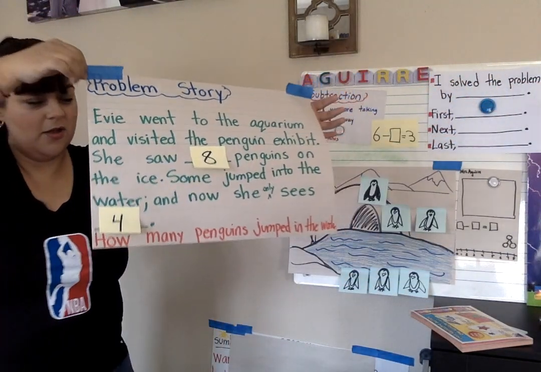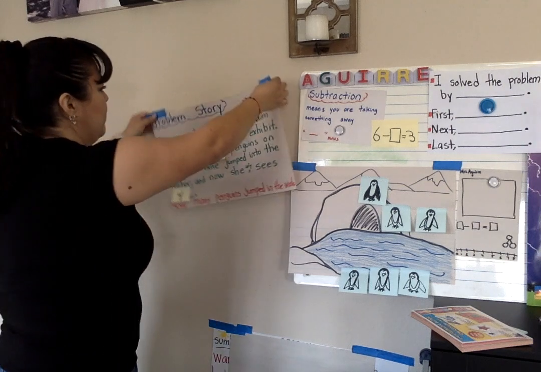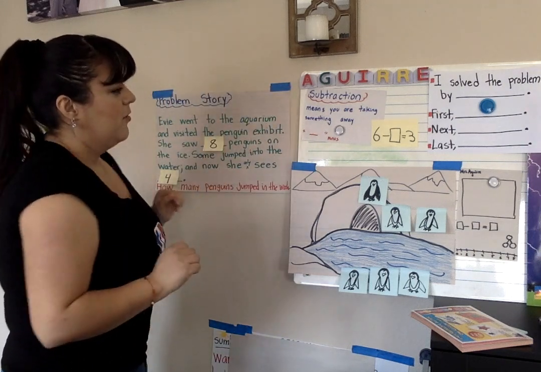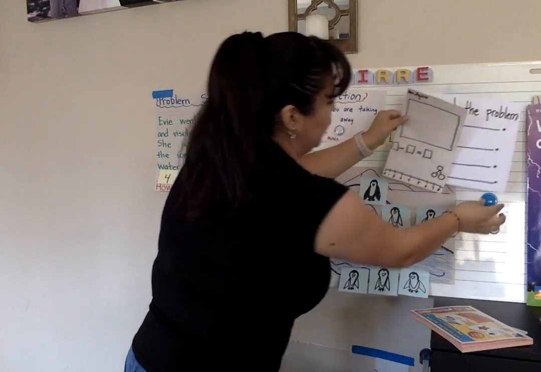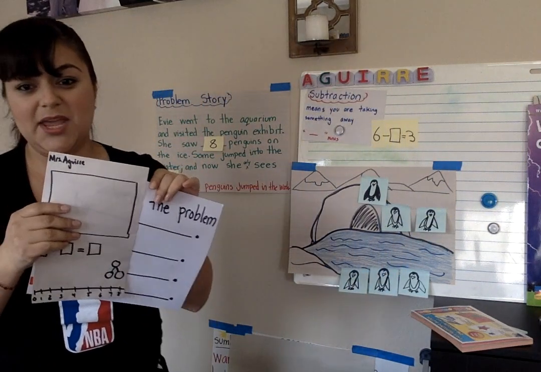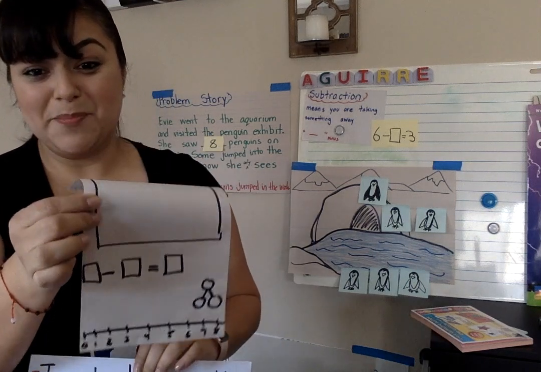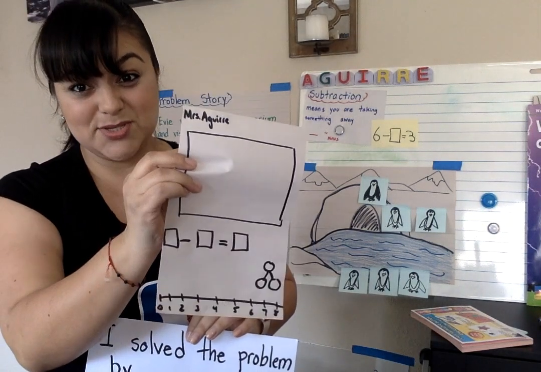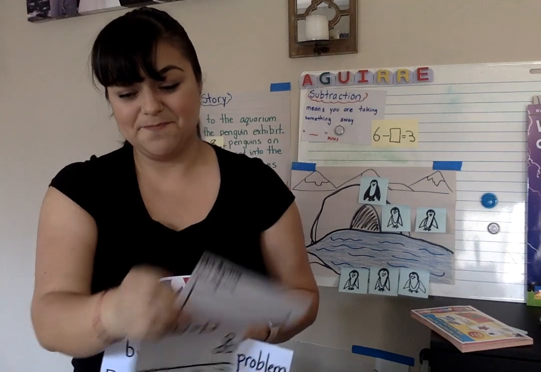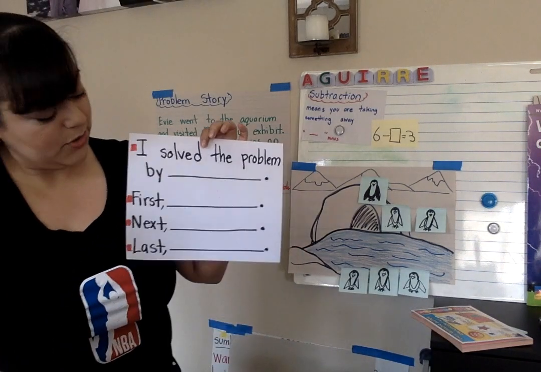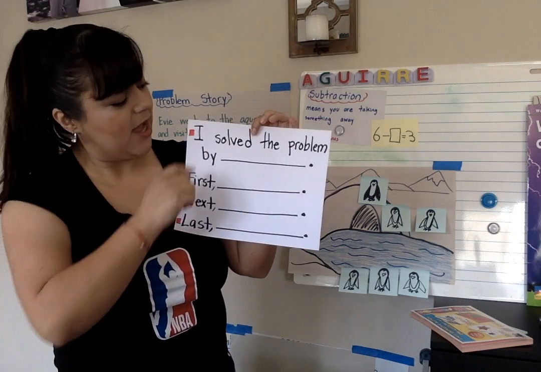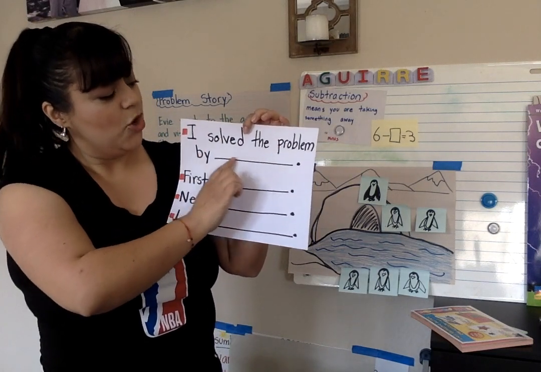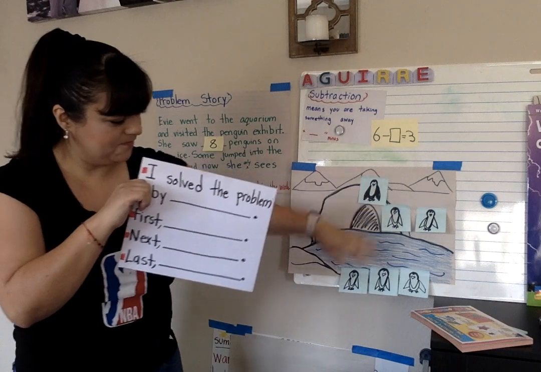When you solve for this problem story, remember these 2 things. Okay, so you can draw me a picture, use any of these ways to solve your problem for today. And when you finish, you can tell me using this language pattern. Miss Aguirre, I solved the problem by drawing a picture.